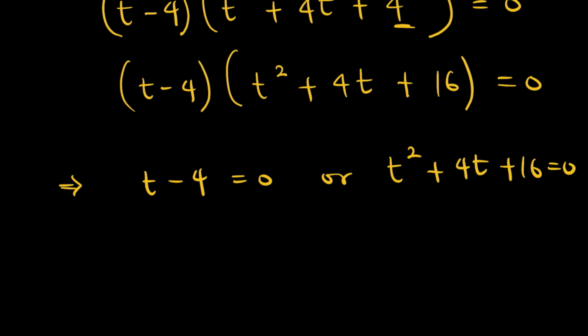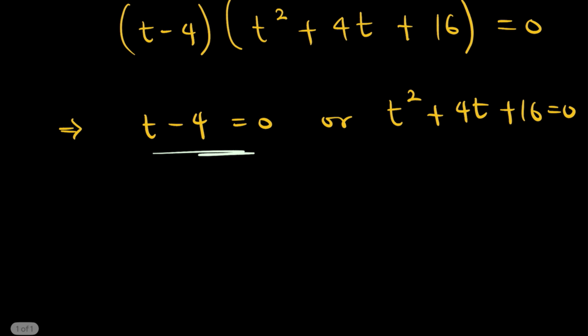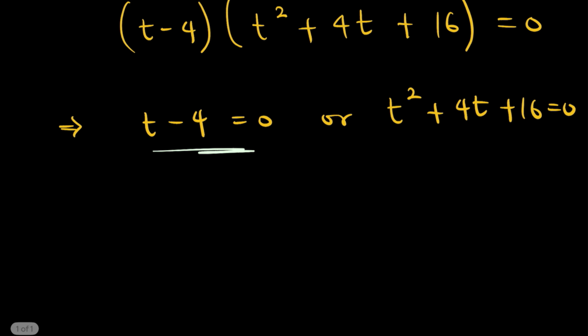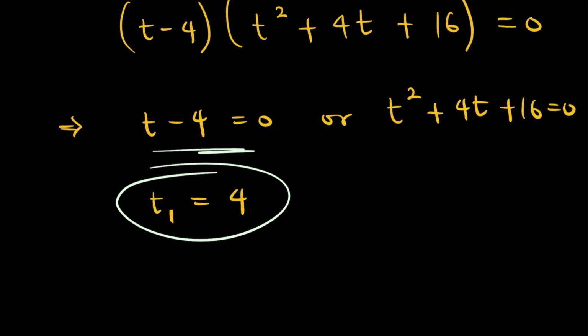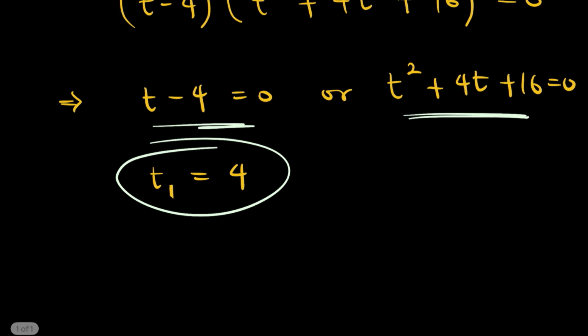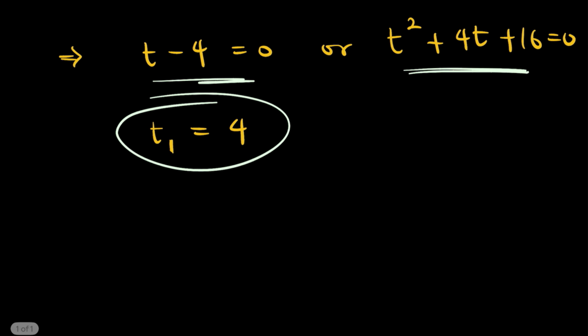The first situation here is a linear equation, and from there we can solve for t to give us 4. This will be t1, and it will be our first solution to this problem. Then we'll proceed to the second equation, which is a quadratic equation, to get 2 more values of t. We arrived at t squared plus 4 times t plus 16 is equal to 0.